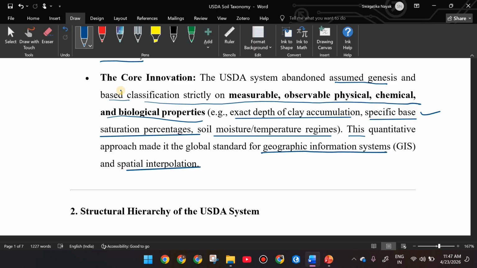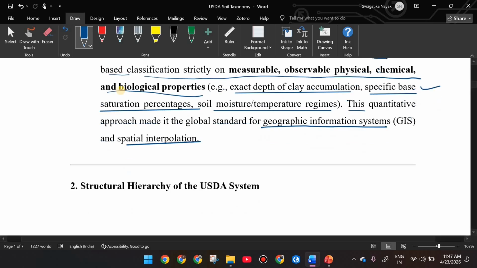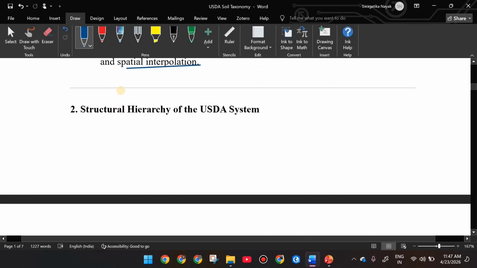These quantitative techniques provided a good base and data for soil interpretation, data analysis, scientific observations and research. Now let us see the structural hierarchy. As I have said, in the animal kingdom, what do we have? We have a funnel.